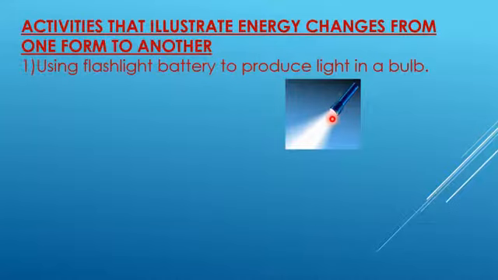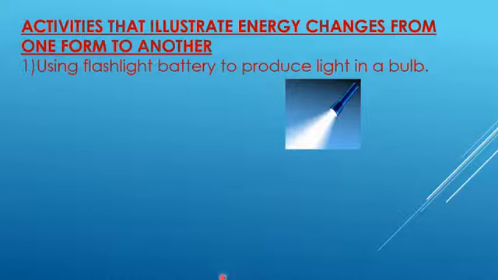So the question is, what form of energy is stored in the battery and into which form of energy is it changed, and what form of energy gives rise to the light energy? All the questions I'm asking lead us to determine the energy transformation from the battery to the bulb.